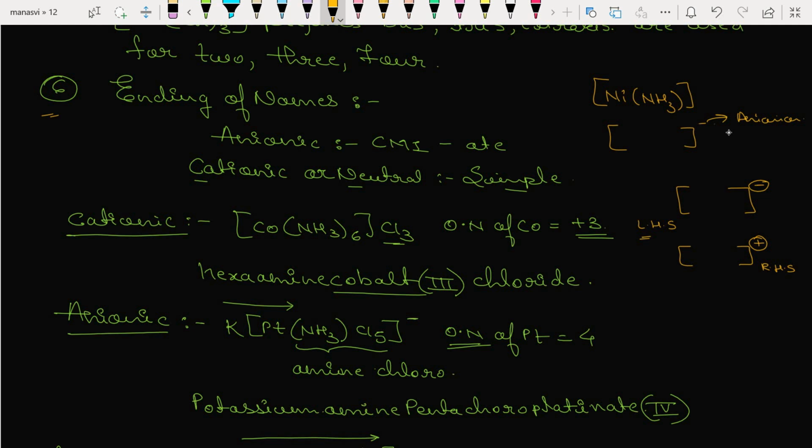For example, if nickel is there, it would be written as plain and simple nickel. Cobalt is there, no need of writing cobaltate, simple name is given for the cationic and neutral complex ion.